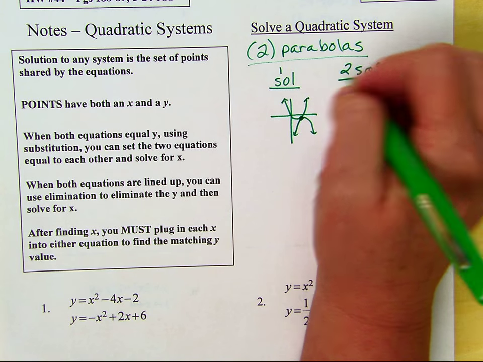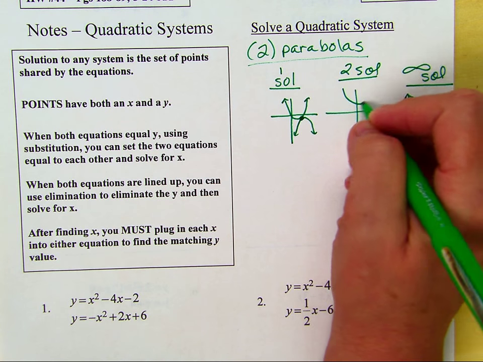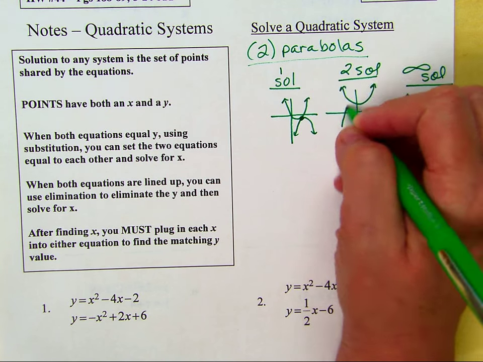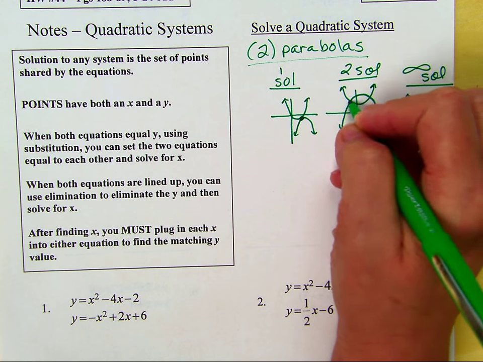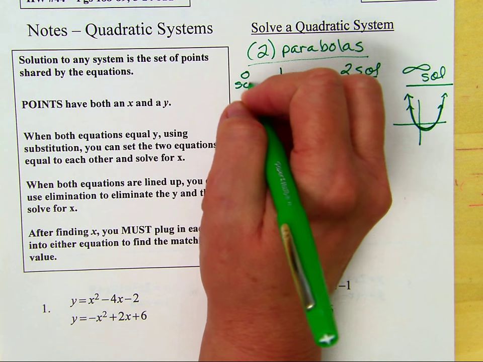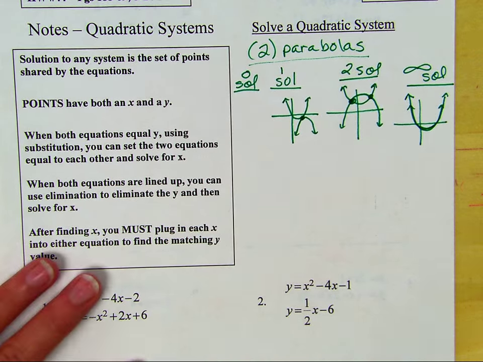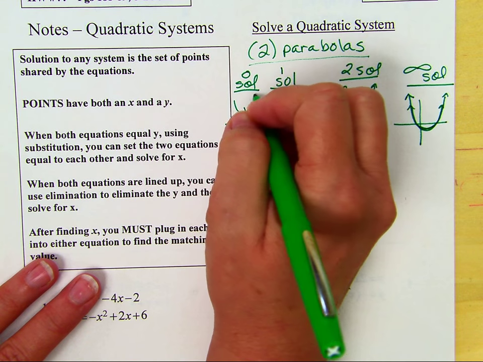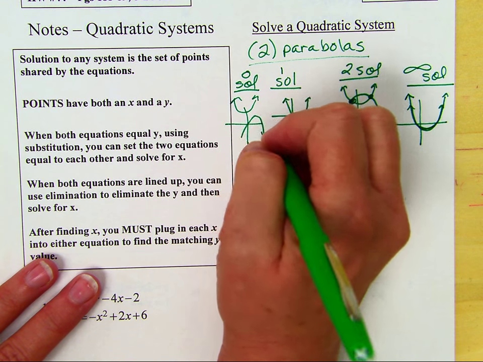Yeah, let's look at what that looks like. I could have one parabola here and the other parabola here. That would be two solutions. Okay? So is that the only options? What about zero solutions? Is that possible? Yeah, so I could have one parabola here, and I could have the other parabola down here.